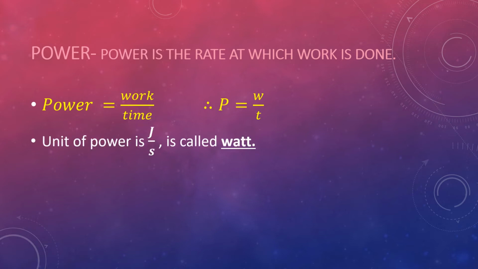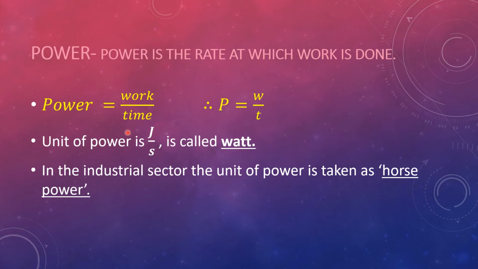Now, the unit of power. Since the unit of work is joule and that of time is second, the unit of power is joule per second, but joule per second is together known as watt. Then, the next unit is horsepower.